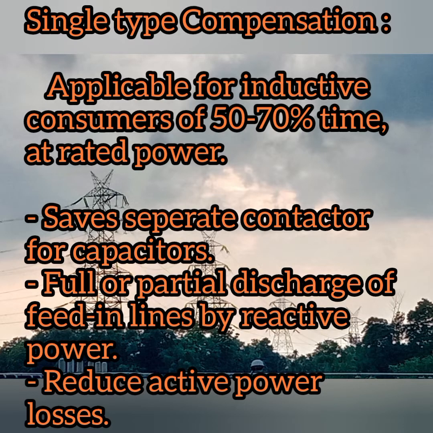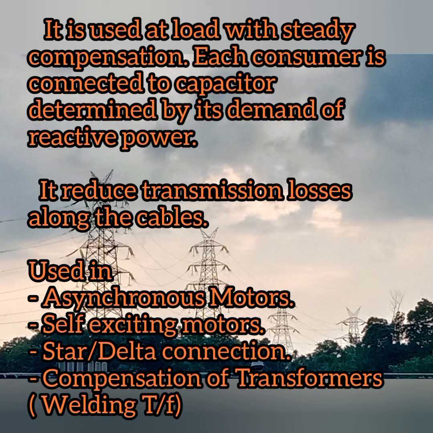This is mostly used in home appliances and in inductive loads which consume more than 50 to 70% of rated power. This type of single type compensation mainly serves a separate contactor for the capacitor, then full or partial discharge of the feed-in lines by reactive power, and reduces the active power loss in transmission.